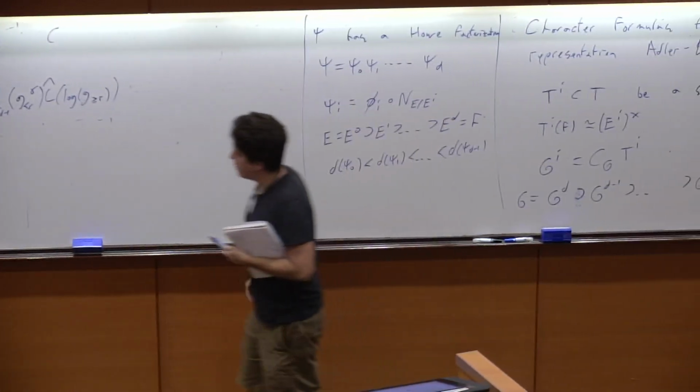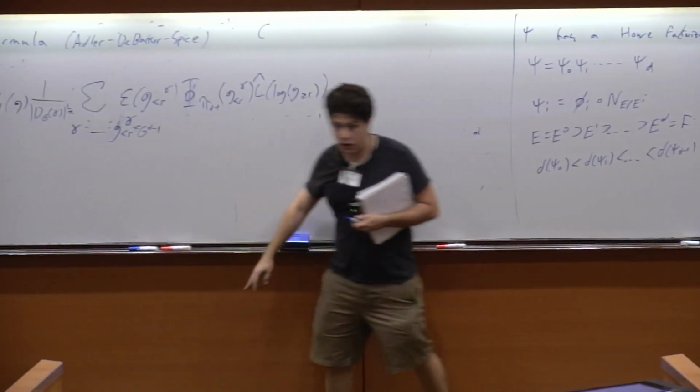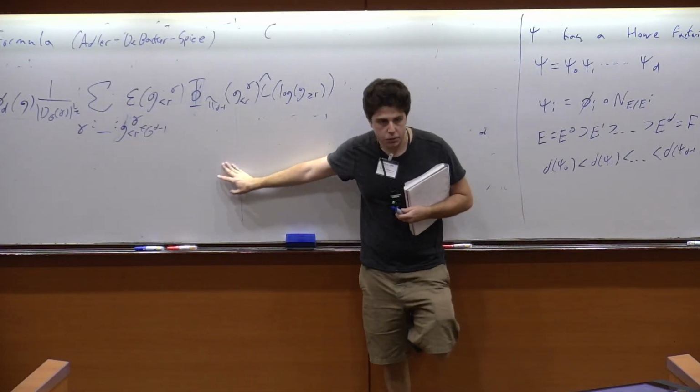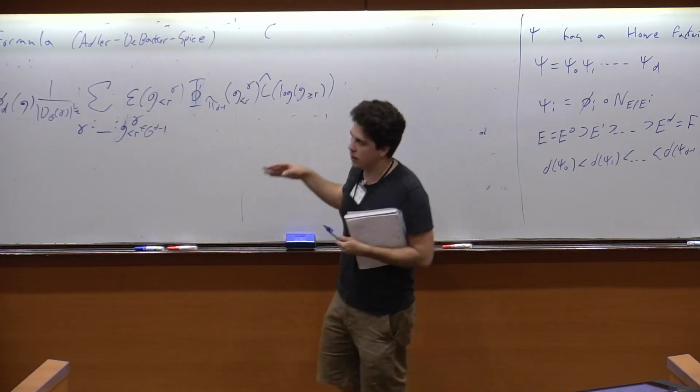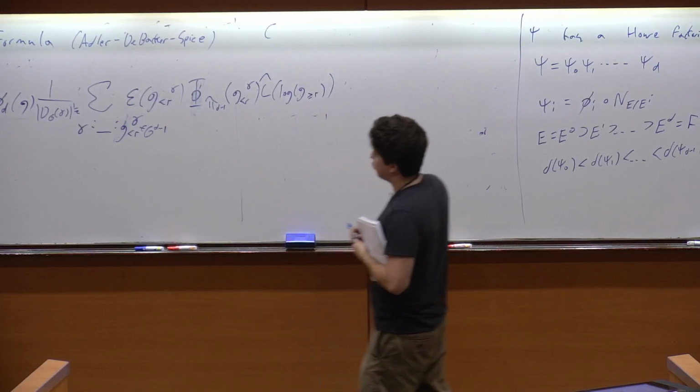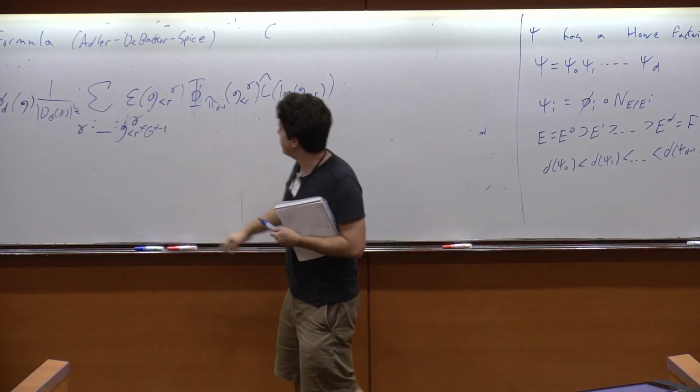So this looks like a bit of a mess, but it's nice to have a character formula at all. This was unknown until, I think, around 2012, when these papers started to come out.